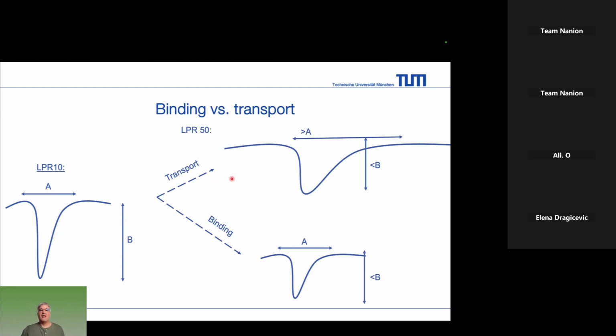So what you would expect is that if you have transport, what changes is the width of the peak, because the amount of substrate molecules that can go into the liposome until you reach equilibrium is going to be dependent on the amount of protein in the membrane. However, when you only have binding, this peak width will not change. The magnitude of the peak current will change, but the width of the peak will not change.